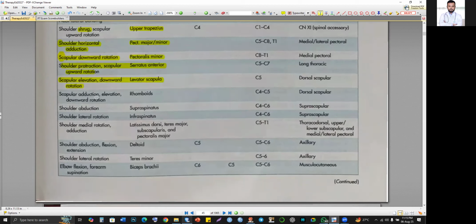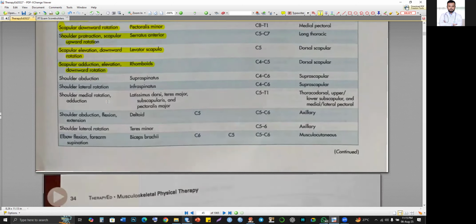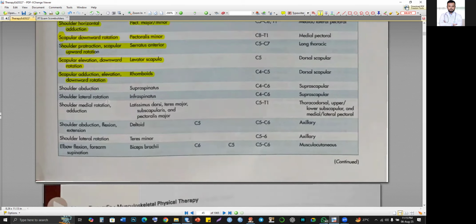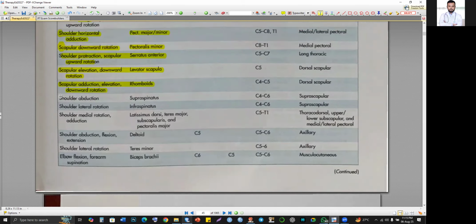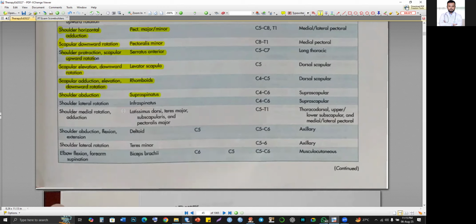These are very easy terms. We know as physiotherapists we have to memorize all these muscles, and in the practice lab, I think all physiotherapists know these muscles. So I think it is not very much needed to show them individually.